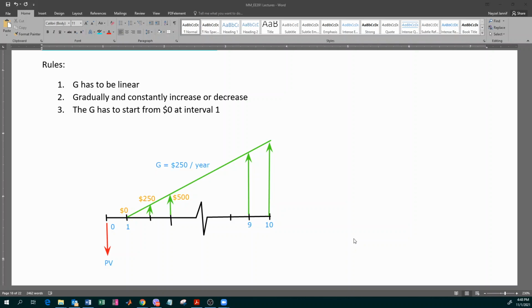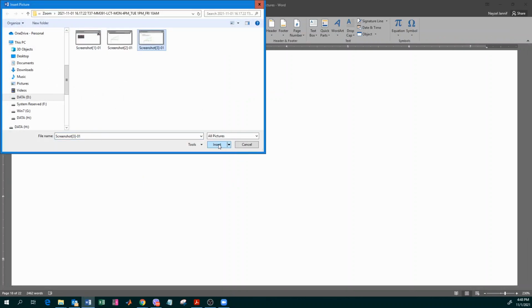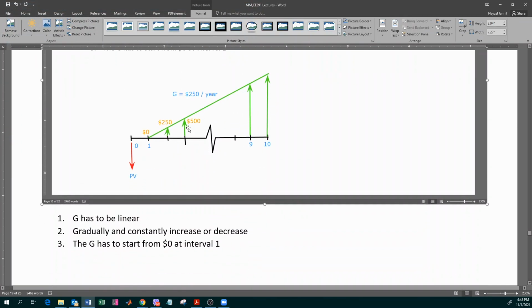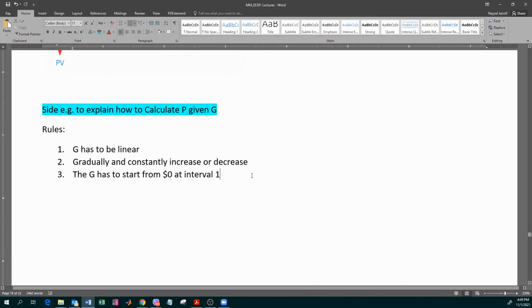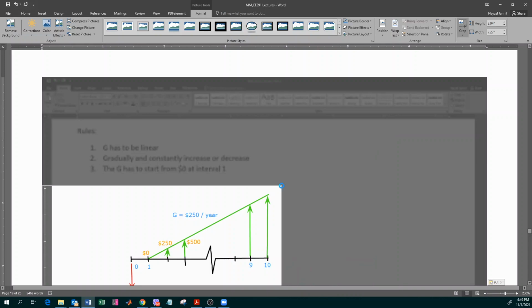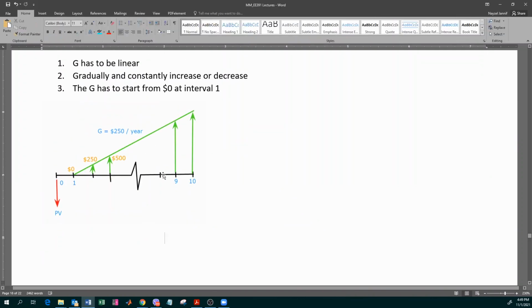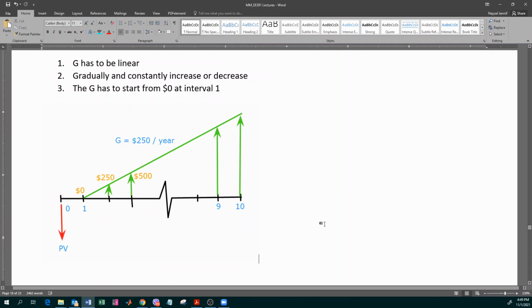Now how is this different? Let's go ahead and do a very quick sample calculation before we run out of time.